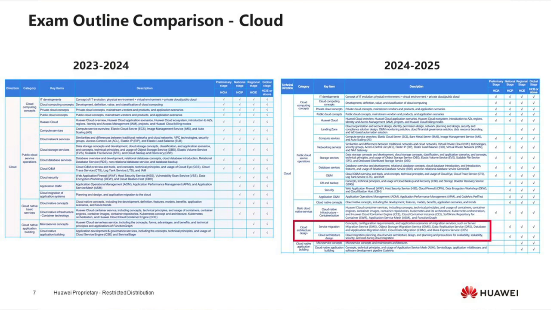First of all, the basics of cloud, which is the cloud computing contents. When you look at the key items here, you will find something like the IT development, the background of cloud computing, and the computing basic contents. The private cloud and public cloud would also be one of the important things in the basic contents.